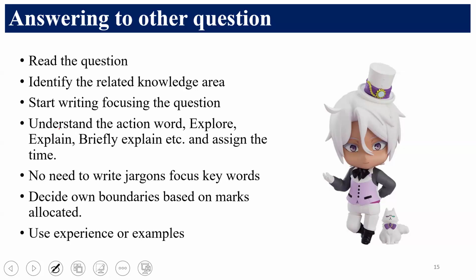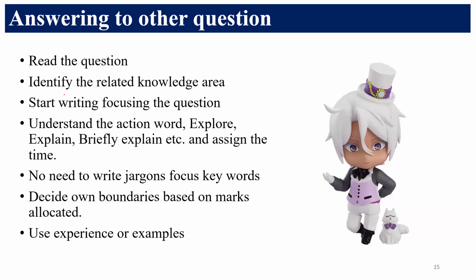So let's say there's a question, define supply chain management. Then you can write whatever you like, but there should be flows, processes, upstream, downstream, customers, supplier, right? Those words should be there, whatever jargon you write. Then decide your own boundary based on the marks allocated.